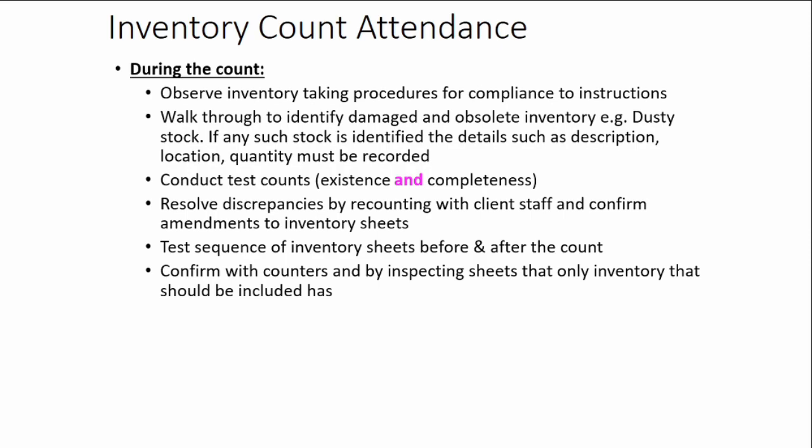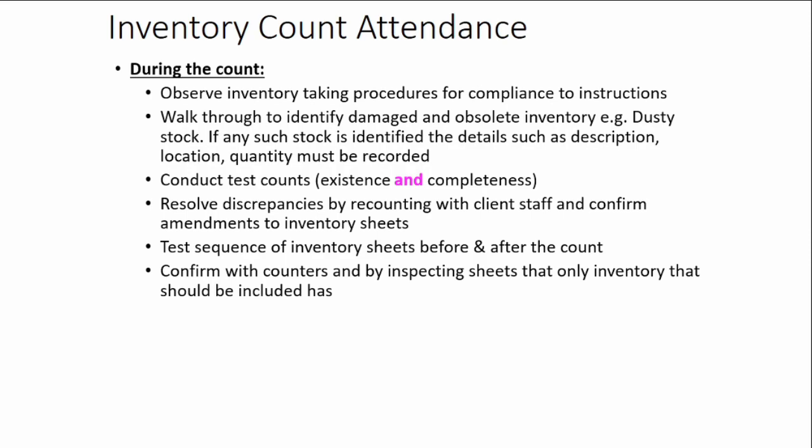The next is stock counts. So we are there to perform substantive procedures as well as tests of controls. When we're doing our substantive procedures, we are going to want to test from the records to the stock and from the stock to the records, which we've already discussed. So that's what I'm talking about there, conducting test counts.